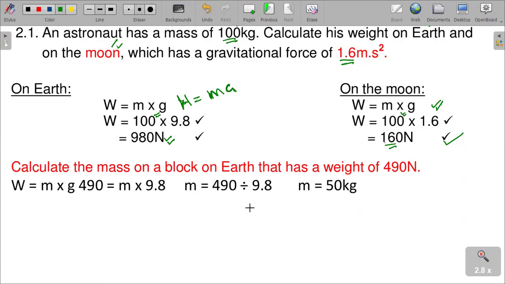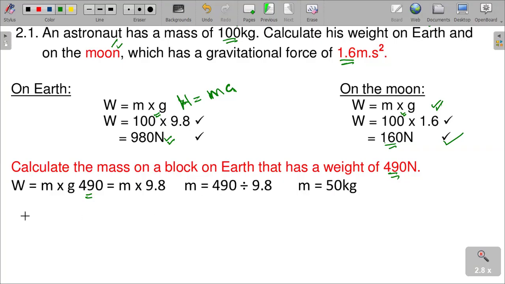Calculate the mass of a block on Earth that has a weight of 490 newtons. In this case, weight is equal to mass times gravitational force. We are given that weight is equal to 490 newtons, so 490 is equal to m times the gravitational force.